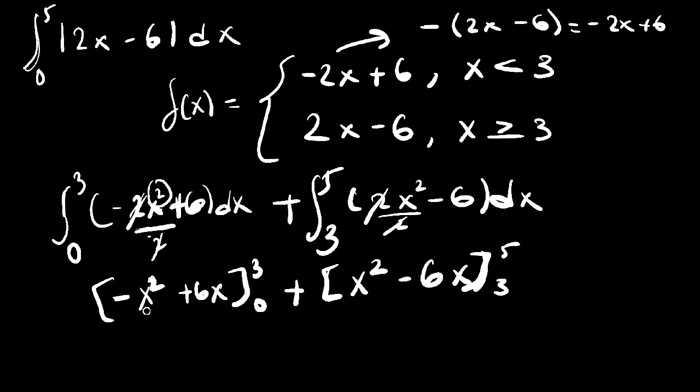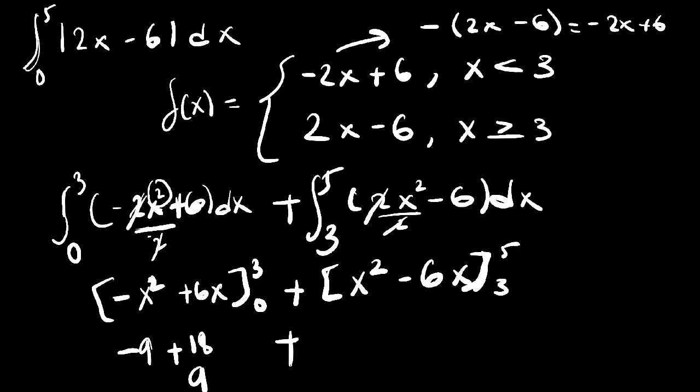So 3 times 3 is 9, negative 9, plus 6 times 3 is 18. We already have a 0 at the lower bound, so we don't have to calculate that. This comes out to be positive 9.